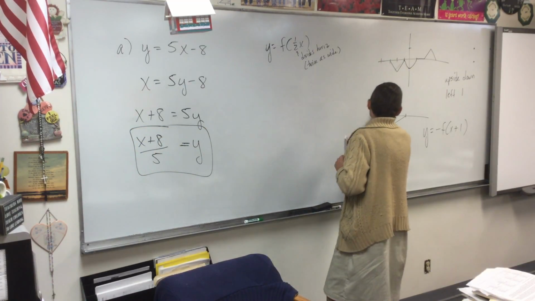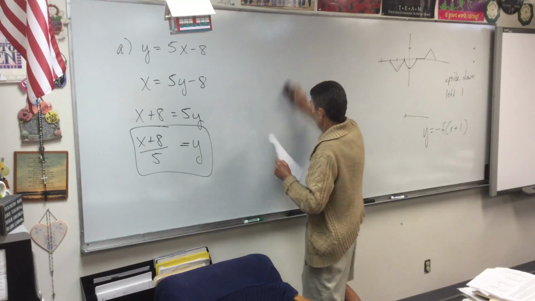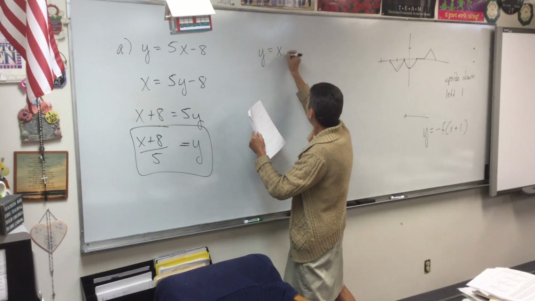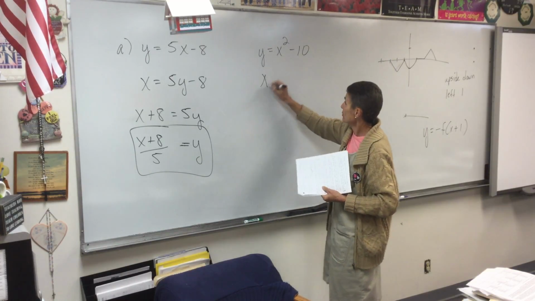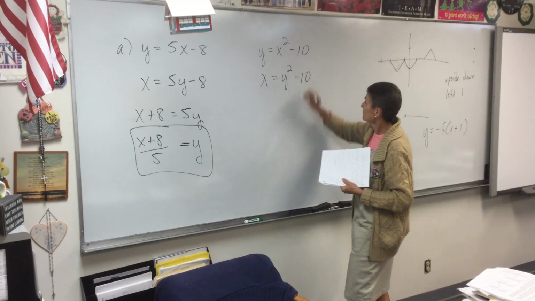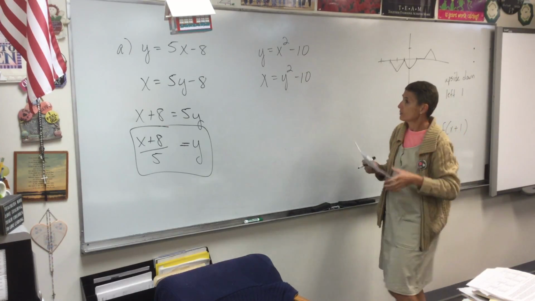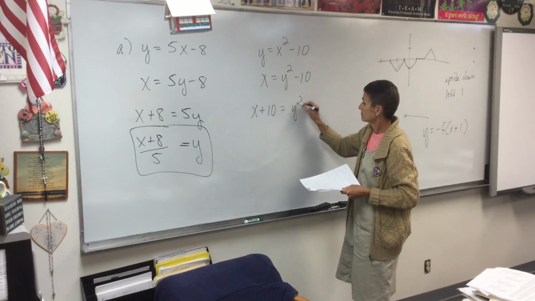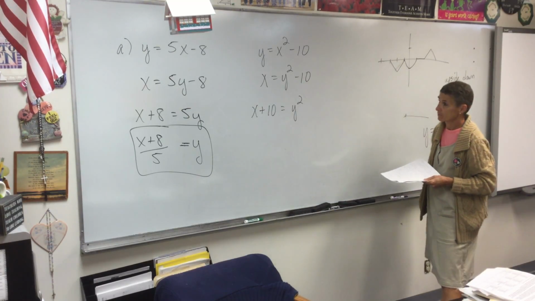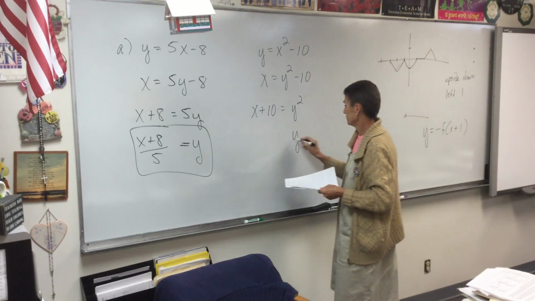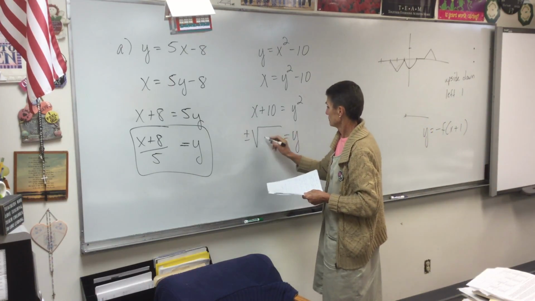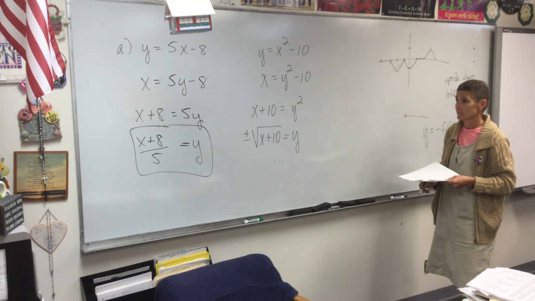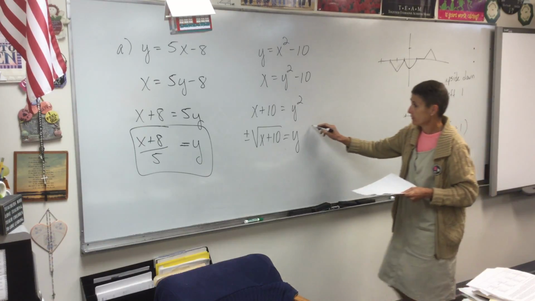Switch your variables and solve for y. Switch your variables. Now, solving for y, we're going to add 10. And now take the square root. And there's your inverse.